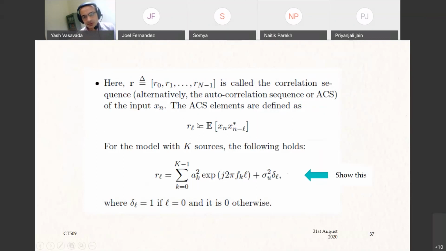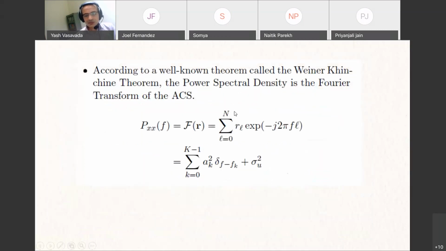So here we have made R not dependent on time, but it is still dependent on something that is like time, that is, this delay variable L. And therefore, we can take its Fourier transform. Typically, we take the Fourier transform of a signal which is in the time domain. Here, we are taking a Fourier transform of a signal which is not in the time domain, it is in the delay domain.